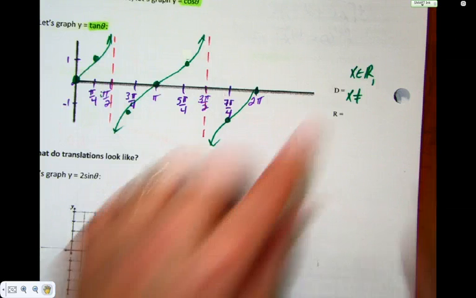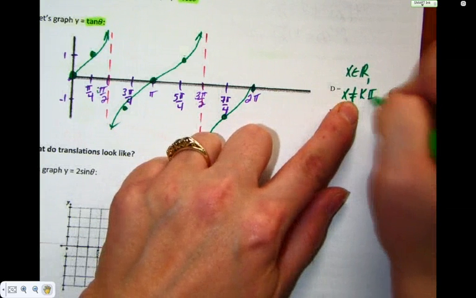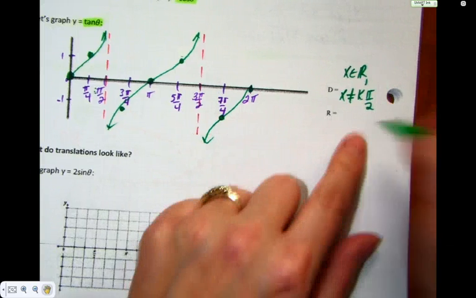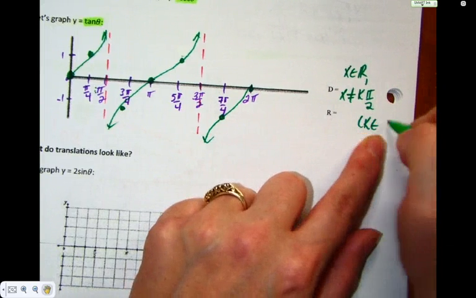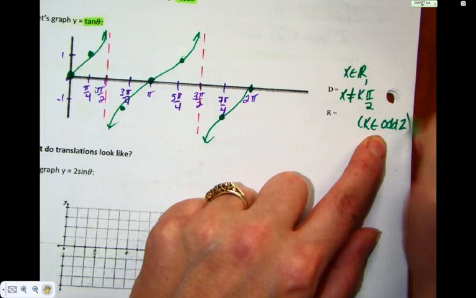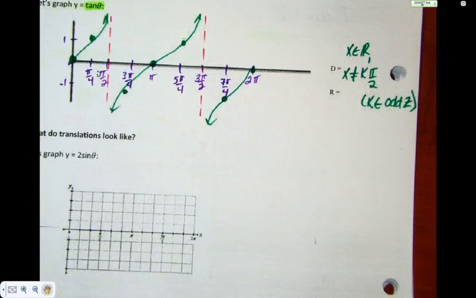That was painful. So k pi over 2. And then just like before, we're going to define k is an element of the odd integers. x cannot be k pi over 2, k is an element of the odd integers. Okay, so mathematically that's saying every single value except 1 pi over 2 and 3 pi over 2 and 5 and 7 and all those odd numbers and the negative ones as well.